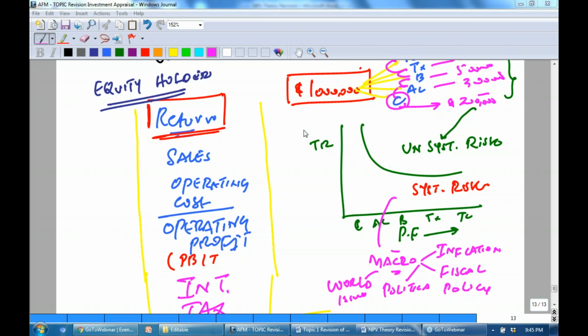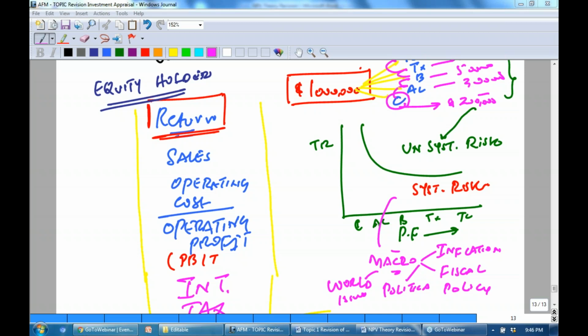I hope all of you are with me. Furthermore, CAPM first of all considers that whenever you calculate the return, you must first consider what risk an investor can avoid.